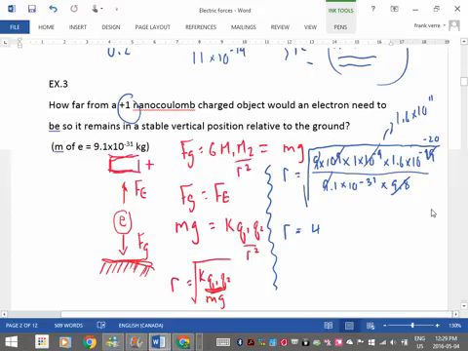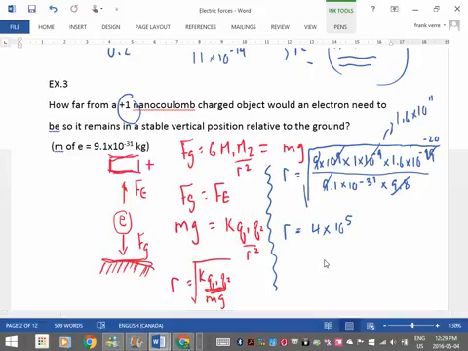The square root of that is about 4 times 10 to the 5, because 4 times 10 to the 5 squared would be 1.6 times 10 to the 11. So that's 400,000 meters.